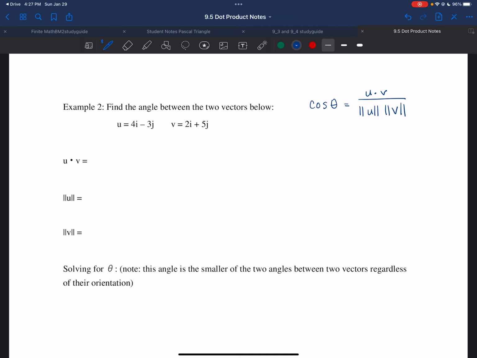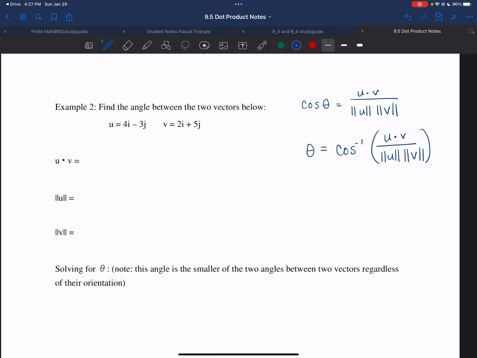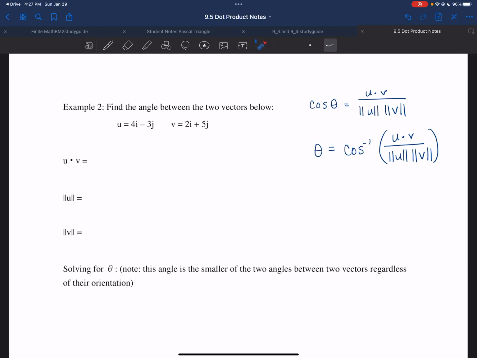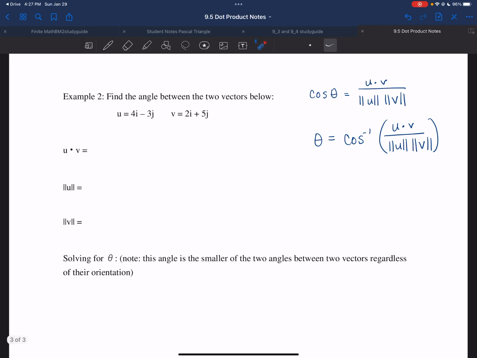Of course, if we're finding our angle, that would be the inverse cosine of u dot v over the magnitudes of u and v. All right, let's walk through this a little bit. First, we've got to determine what this u dot v is. So we want to go ahead and map that out.